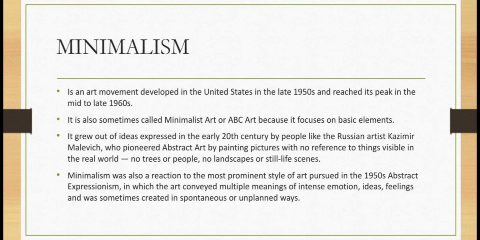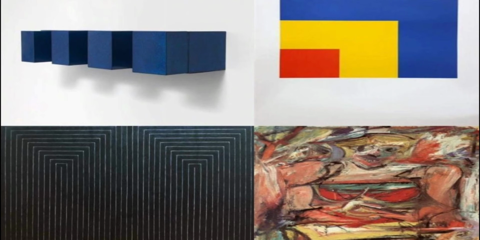An example of abstract expressionism is Willem de Kooning's work Woman 5, done in the early 1950s. It is aggressive, emotional, and almost violent in its brush strokes and lines.